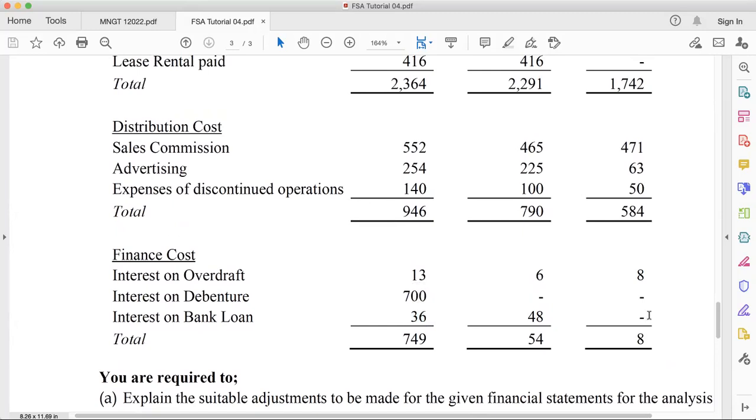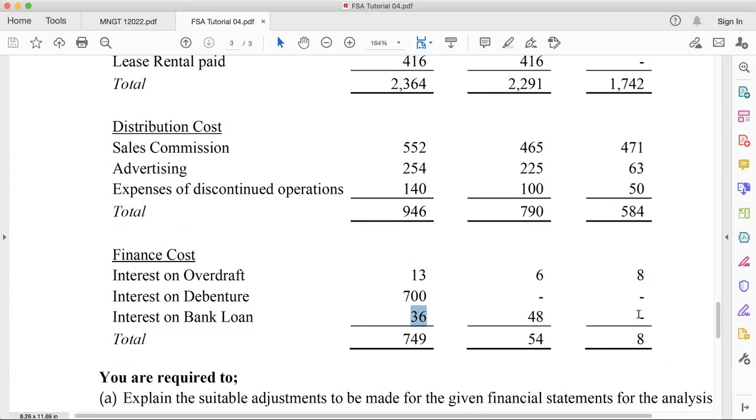Now you see these values are wrong. So you have to adjust the interest amount.